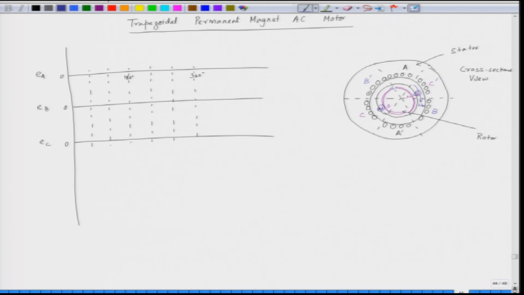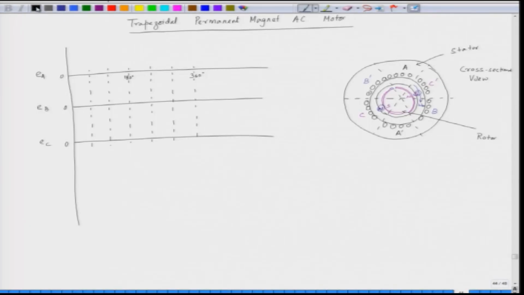We assume that the south pole gives rise to a negative induced EMF, and the north pole, when it comes under the phase, gives rise to a positive induced EMF. So, in this case, the induced EMF will be changing from negative to positive over a 60-degree interval.